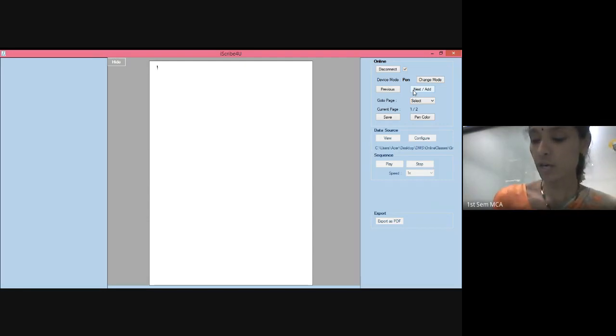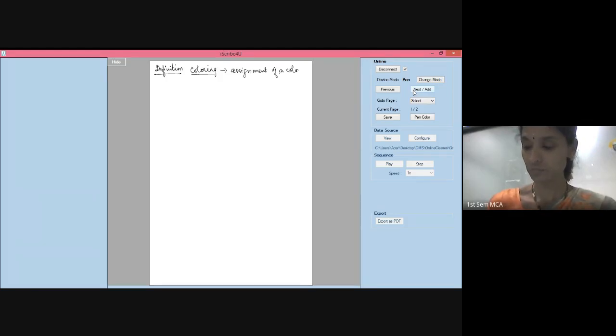Next let us look at some important definition of what we mean by coloring. Now, coloring of a graph is nothing but assignment of a color to each vertex of the graph so that no two adjacent vertices will have the same color.